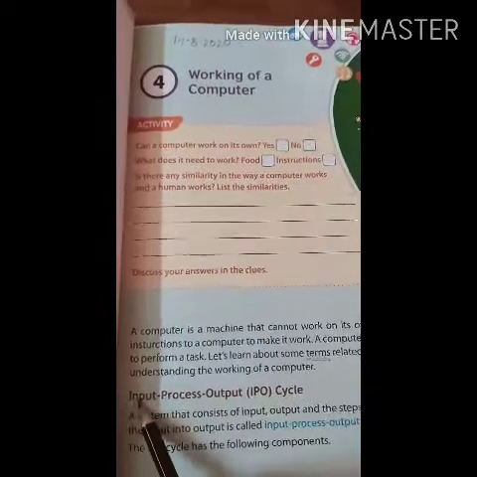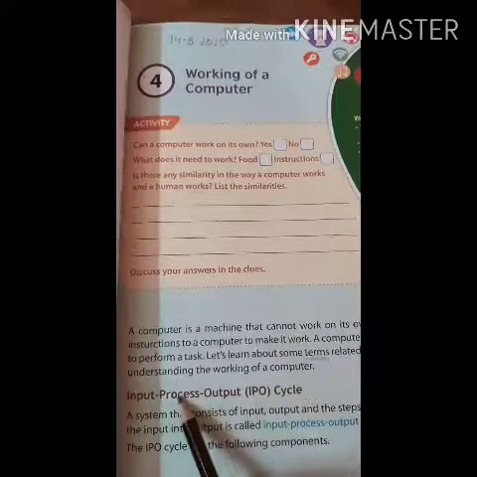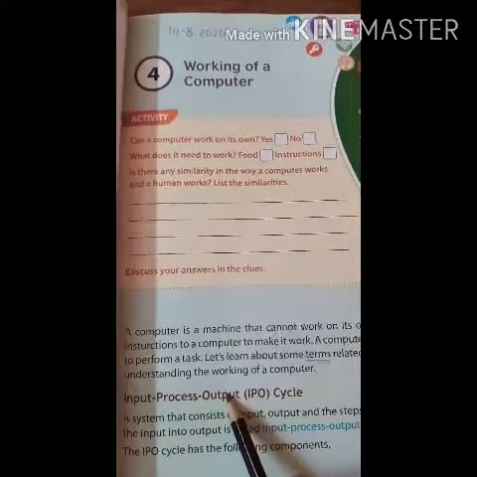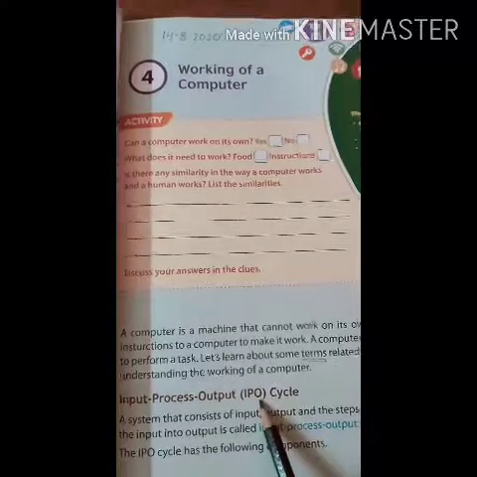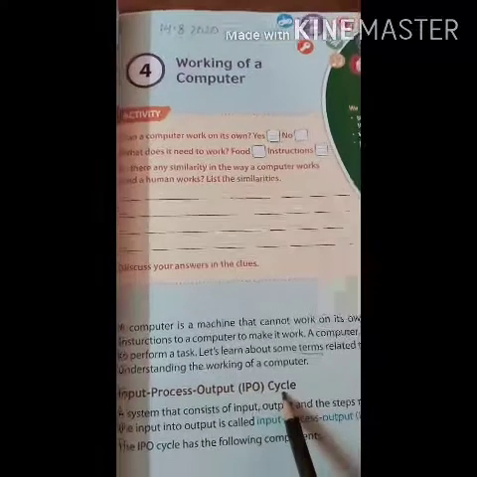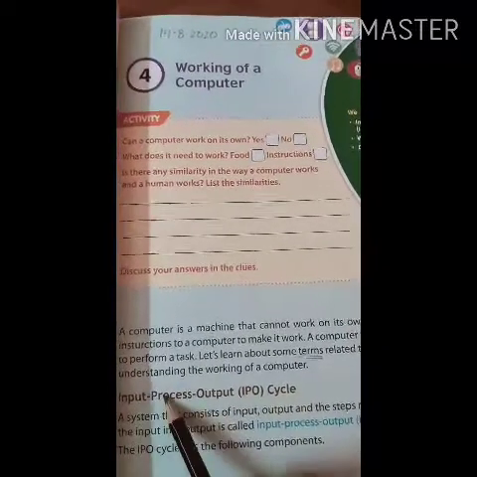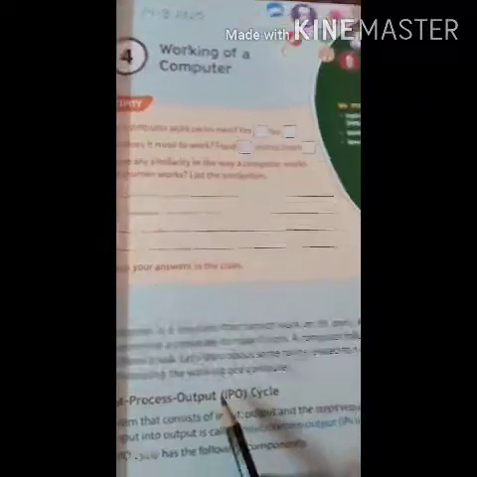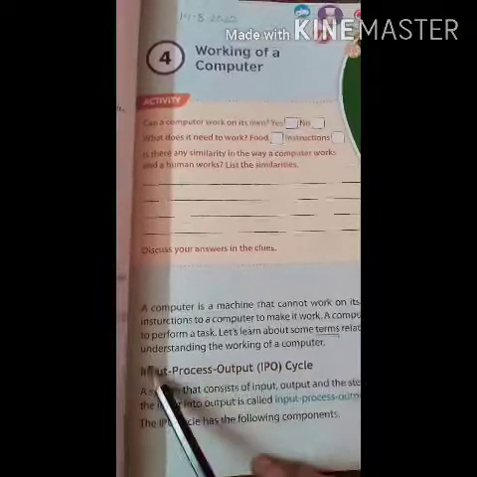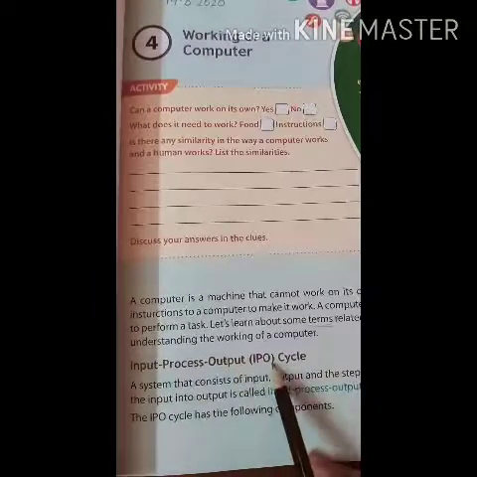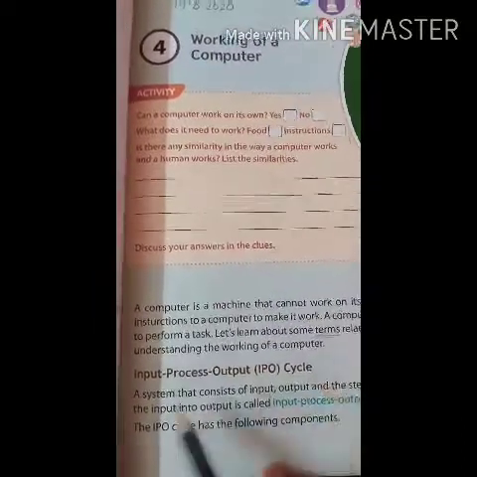Now see this: input, processing, output, and the short form is IPO. IPO cycle. So what is this input, processing, output cycle? We'll study. Okay children, now see input, processing, output, that is the IPO cycle.